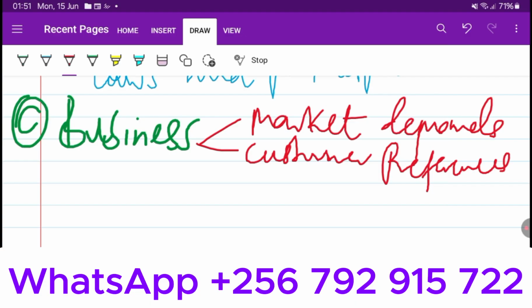So without a thorough understanding of statistical tools and knowledge, you'll not be able to be successful in business. So that's how statistics is used in the area of business.